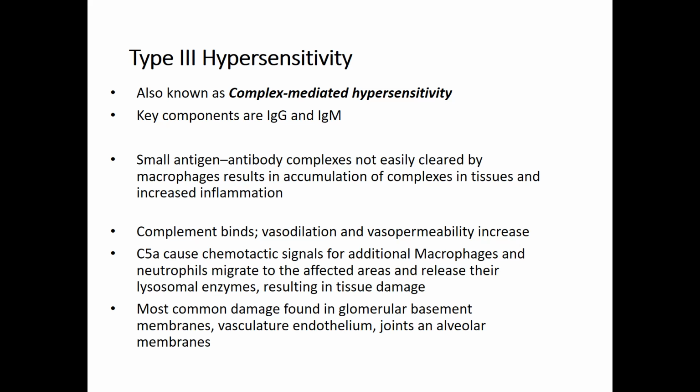What ends up happening is you get some of those antibody-antigen bound complexes hanging around in the tissues for a while. They're not getting cleared by macrophages. It kind of irritates the host, causes some inflammation. Again, it should be a good thing, but it's not. We're going to talk about complement soon, but complement is activated by IgG and IgM.